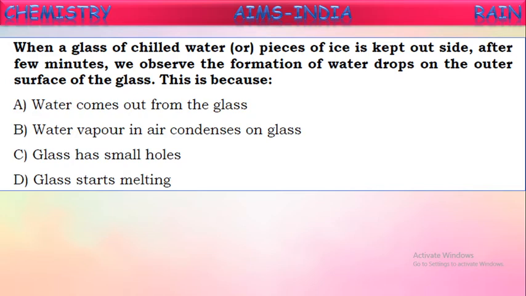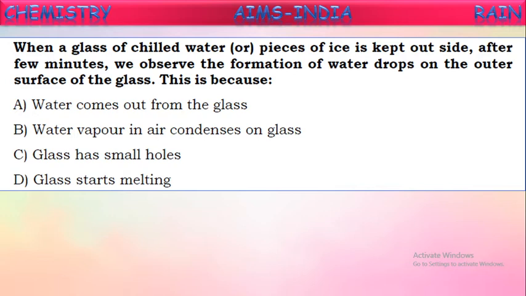If you take a glass of chilled water, or a glass with some ice cubes in it, after a few minutes, if it is kept outside, we observe some droplets of water on the surface of this glass. So what is the reason for the formation of these water droplets on the glass?